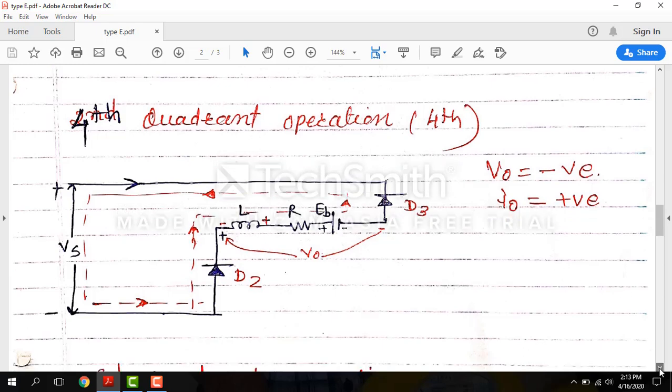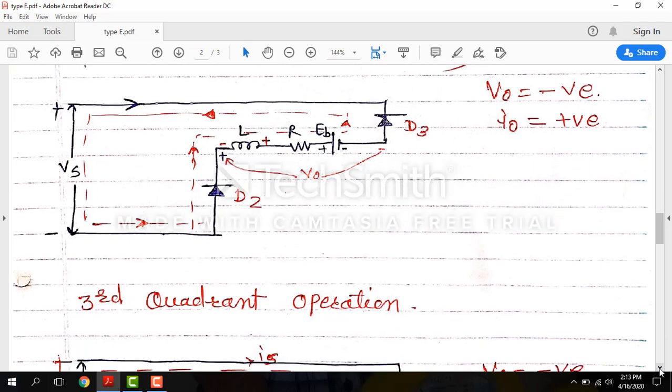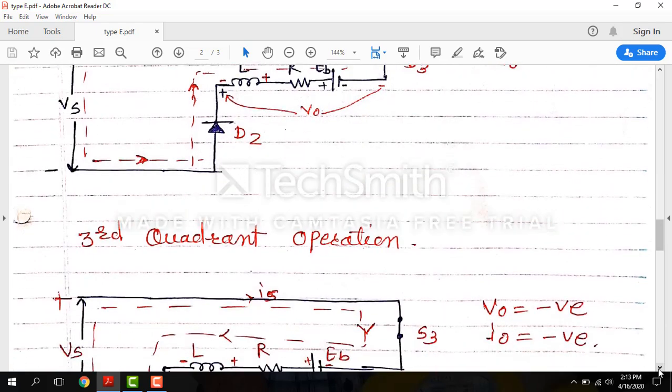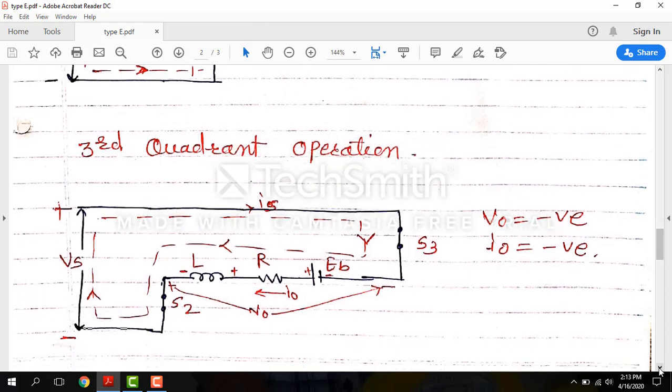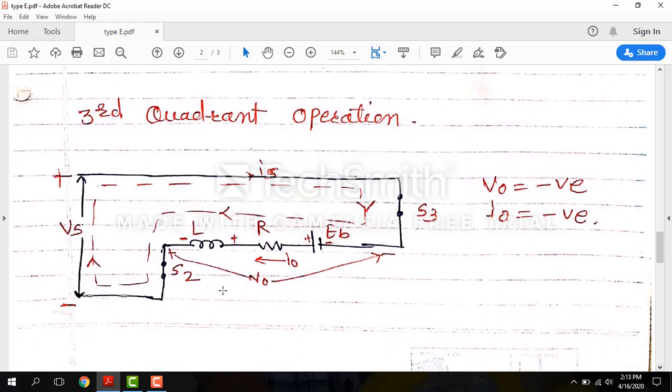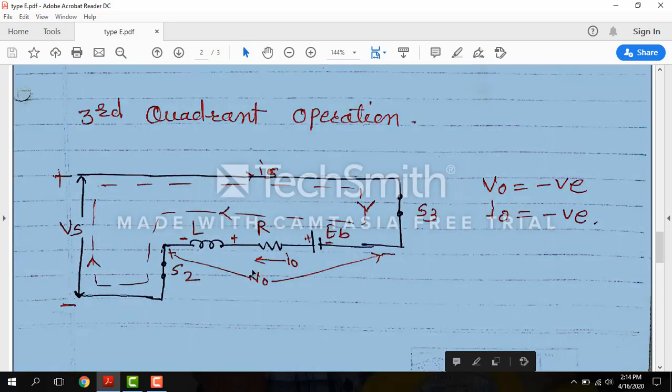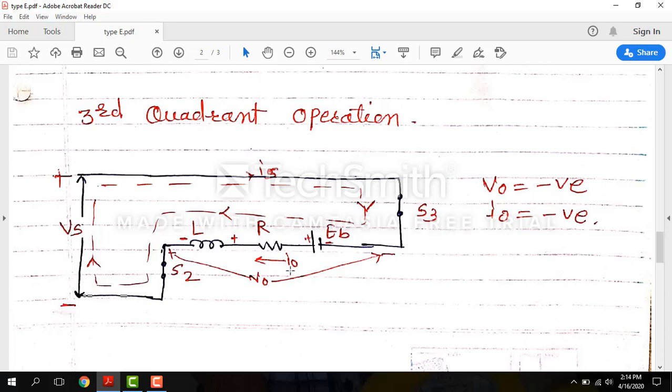Next is the third quadrant operation. In third quadrant operation, we turn on the switches S3 and S2. Then the equivalent circuit will be like this. The current flows in this direction, and you can see the direction of output current through the load is opposite.